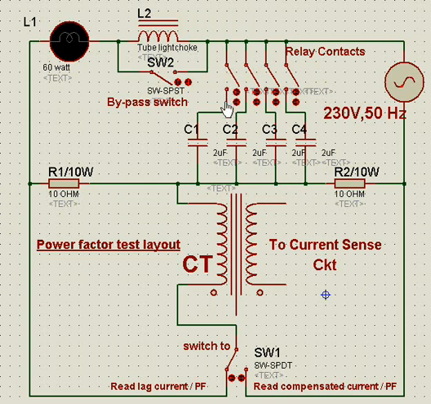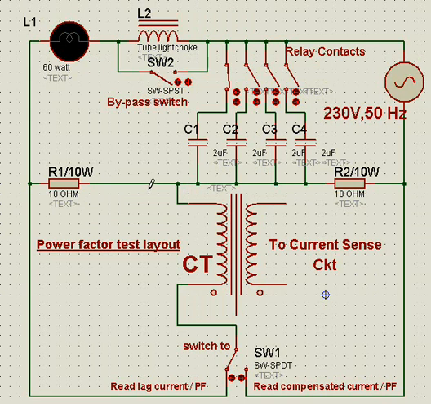Now once the capacitors come into the picture, the current between this zone and this will be same, but because of the capacitor, from here to here the current will be different, and from here to here the current will be different, because once they are compensated, for example if one capacitor is switched on, we will have compensated current here, but this will still continue to have a lagging current.